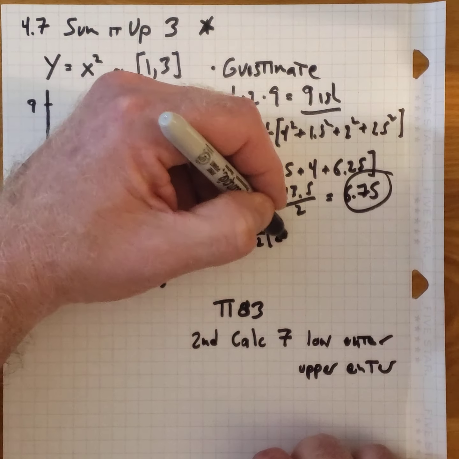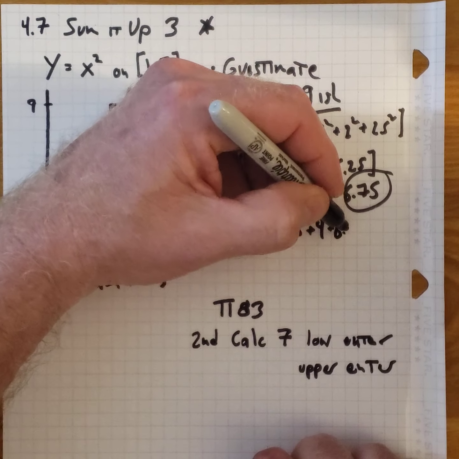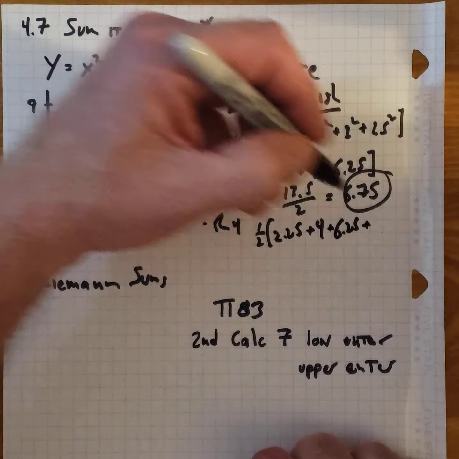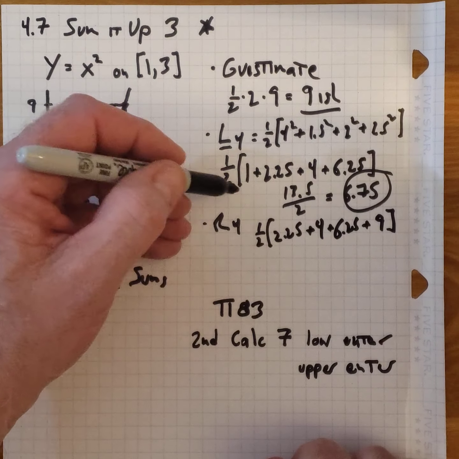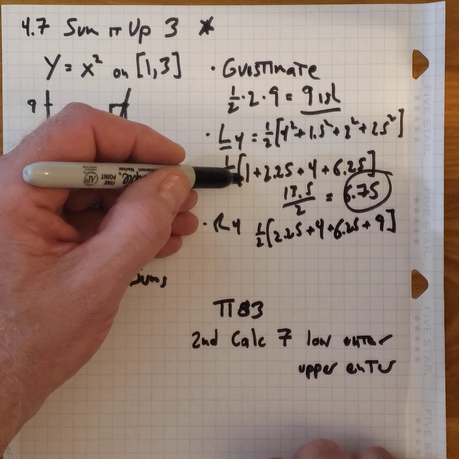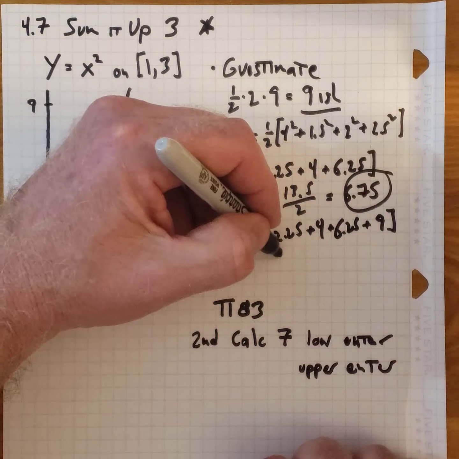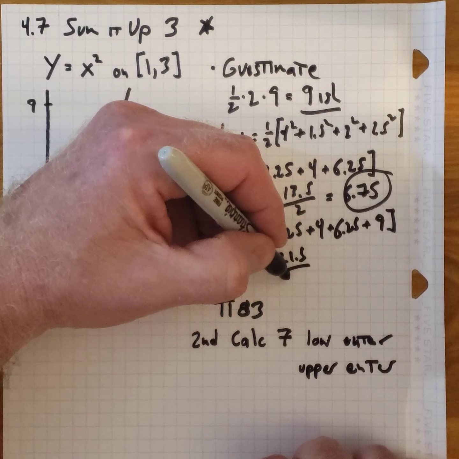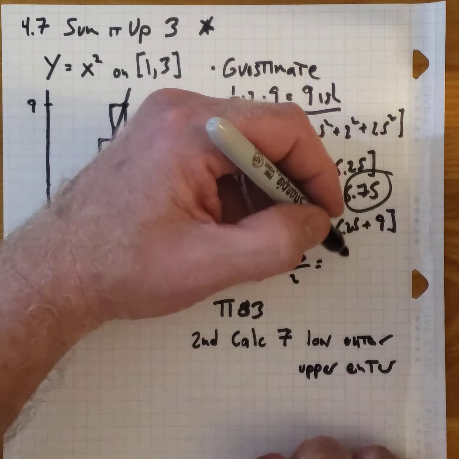So we're going to get 2.25 plus 4 plus 6.25 plus 9. It's pretty easy to see that we've lost a 1, we've picked up 9, so that's a total gain of 8. So that's going to be 21.5 over 2, which is going to be 10.75, I think.